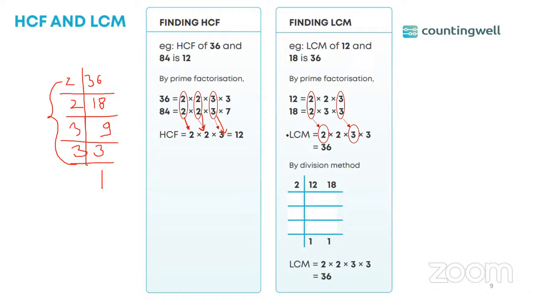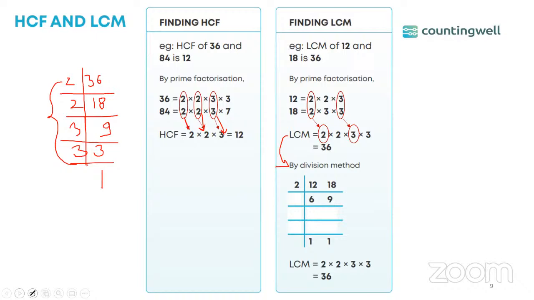To find LCM using division method, we follow this procedure. We find a number which divides 12 and 18. So we take the number as 2. 2 exactly divides 12 and 18. So we have 2 sixes are 12 and 2 nines are 18.